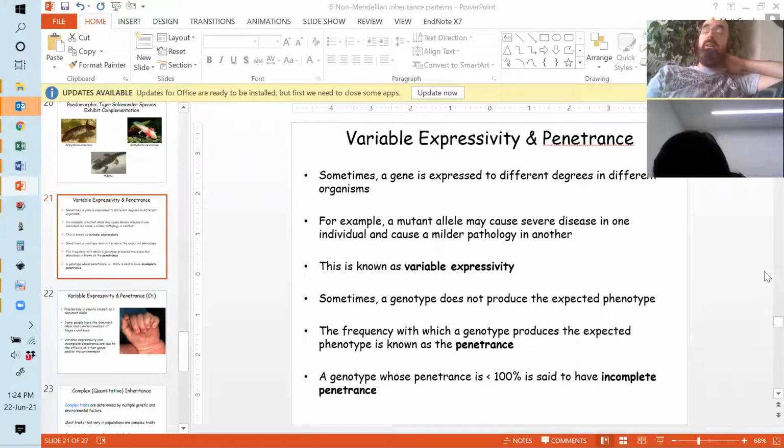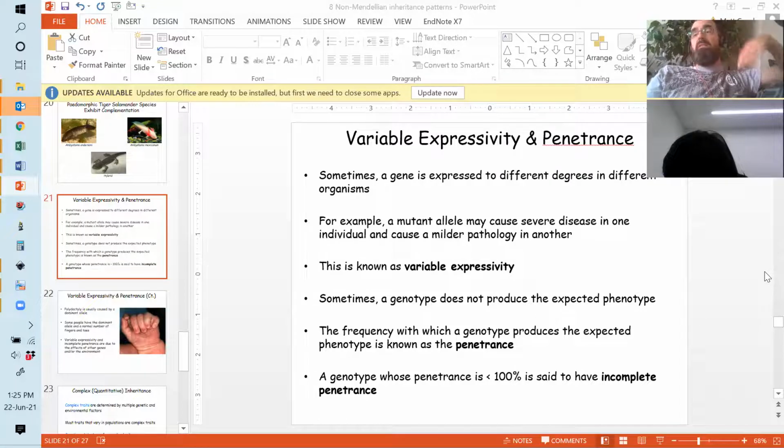However, also, right, and we'll be talking about this in terms of linkage, sometimes many different genes encoding a trait will be on the same chromosome within linkage distance of each other.